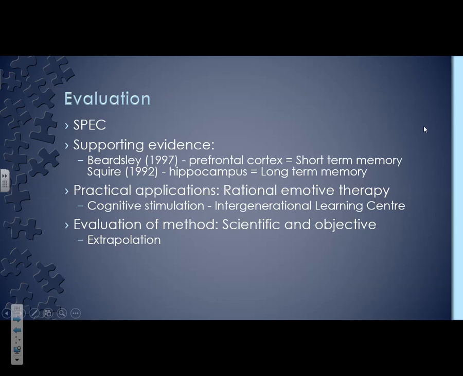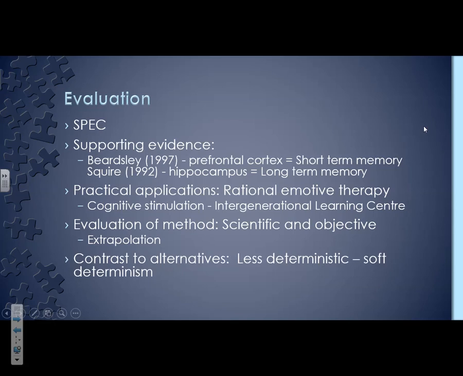For example, the cognitive approach compares humans and computers, and they are very different. For example, computers don't have free will, they don't display human emotion, and they don't make errors. So this is a weakness because the theory then can't effectively be applied to human behaviour, suggesting that it lacks validity. Okay.